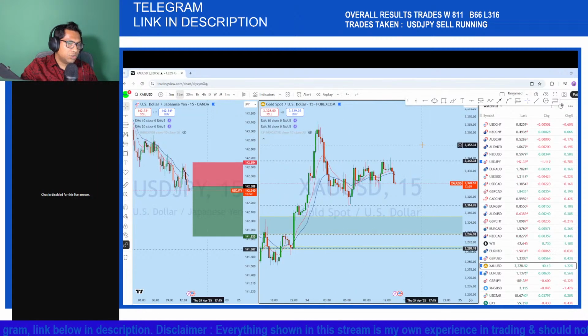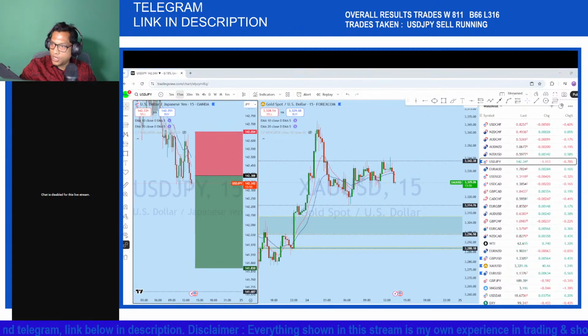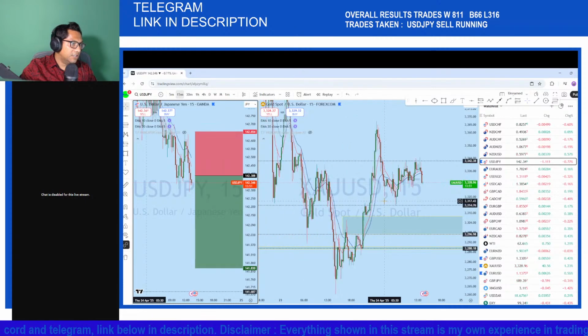That's what we're waiting to see for the market, while dollar yen is showing us that possible downside here in that area.